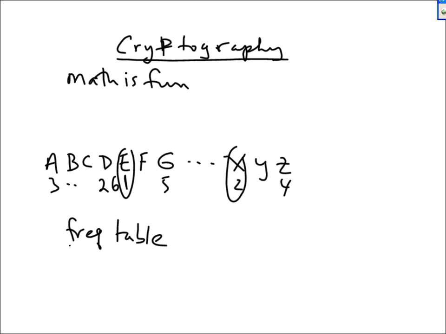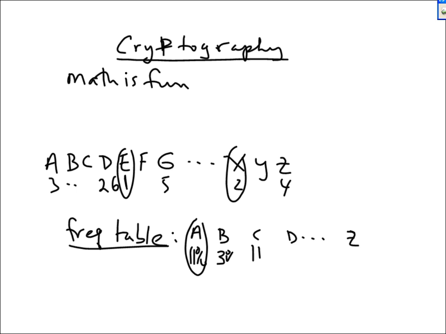And although I don't know it offhand, they know that A, B, C, D, up to Z. They know that, and I'm making up these numbers, the letter A comes up 11% of the time, and the letter B comes up 3% of the time, and the letter C comes up 4%, and so on.